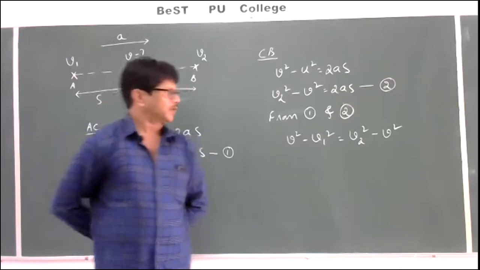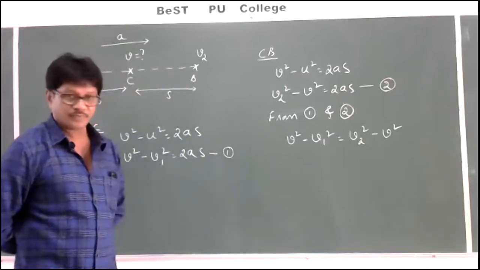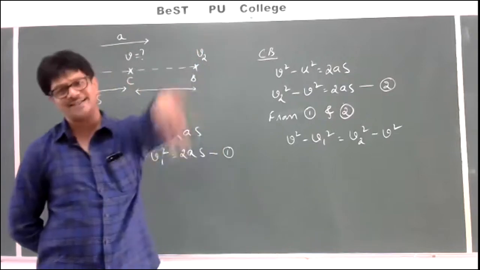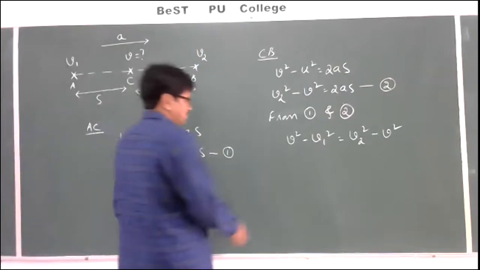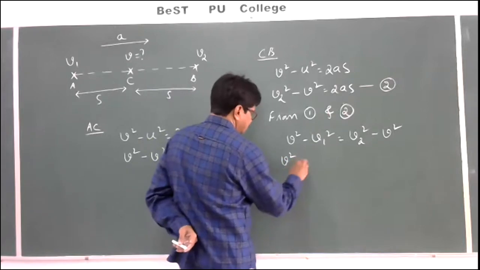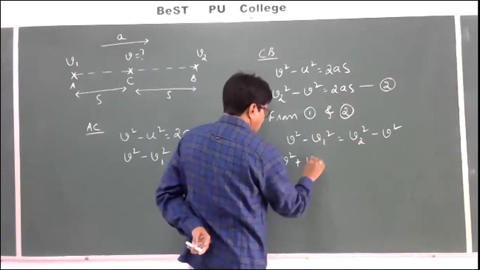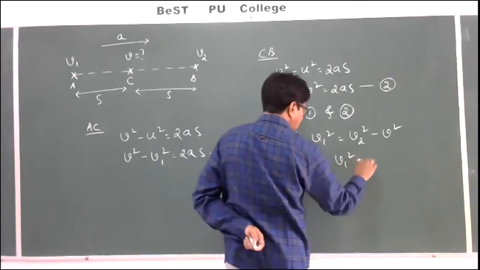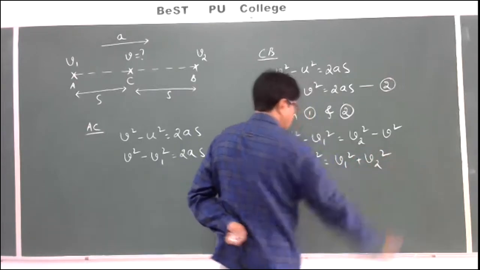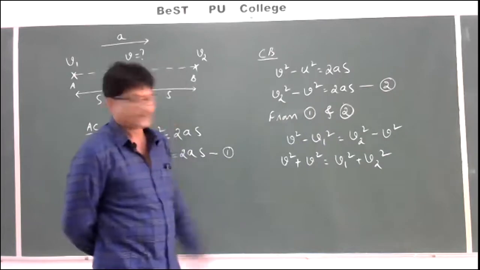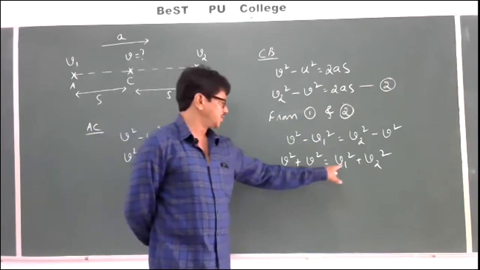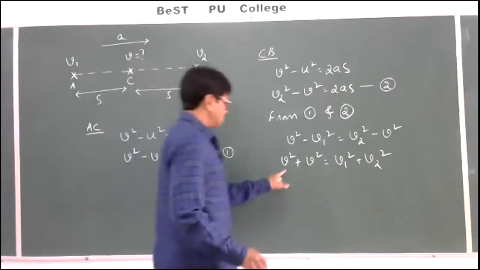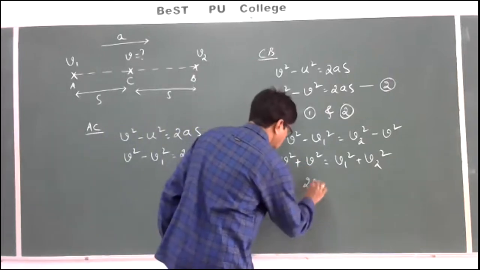Here we would like to find the value of V, so you bring all the V's to one side and the remaining to the other side. So V square plus V square is equal to V1 square plus V2 square. V square plus V square is equal to 2V square.